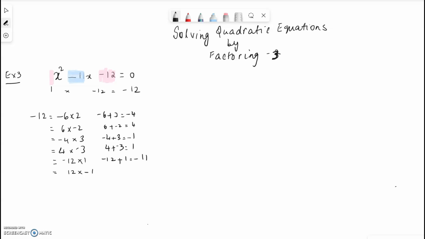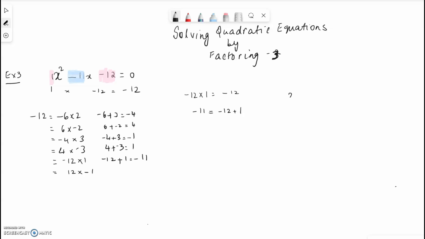So that's exactly what we need. So negative 11 is equal to negative 12 plus 1, and negative 12 times 1 is equal to negative 12, which is the product of the coefficient of x squared, which is 1, and the constant, which is negative 12.